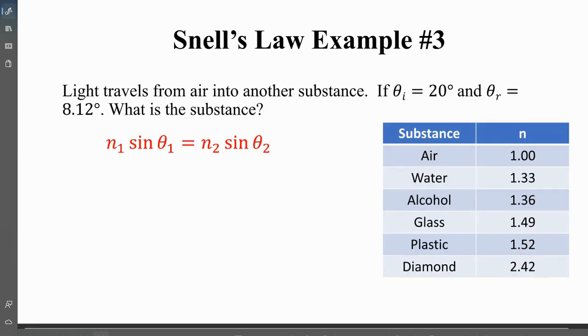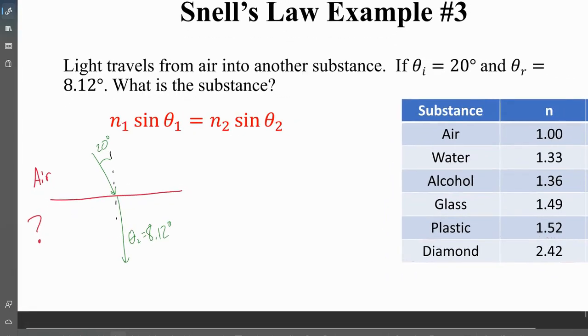Let's say light travels from air into another substance. So we've got air into something. That's my normal line, the dash line. I have light from here, and it comes in at 20 degrees, and it comes out, theta refracted, at theta 2 is 8.12 degrees.